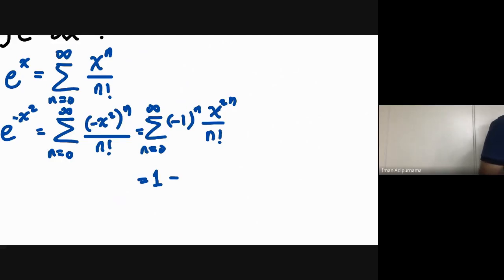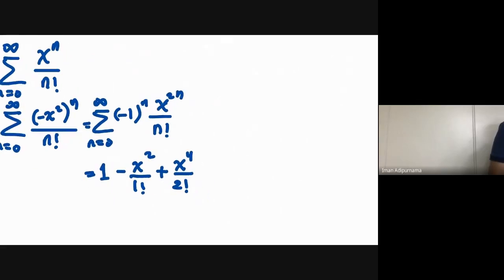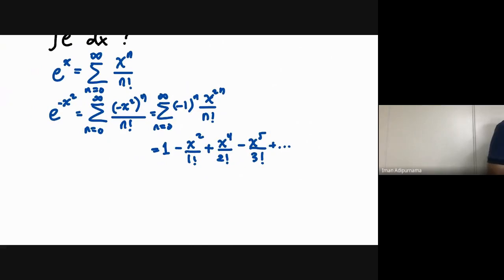Yeah, that's 0, and then 1 will be negative x squared over 1 factorial, and plus, and then minus, and this is our expansion for e to the negative x squared.